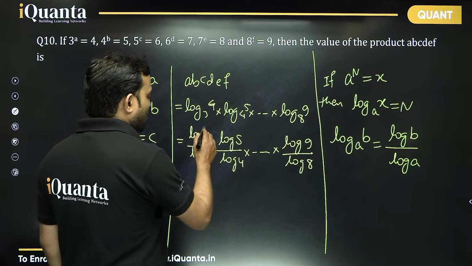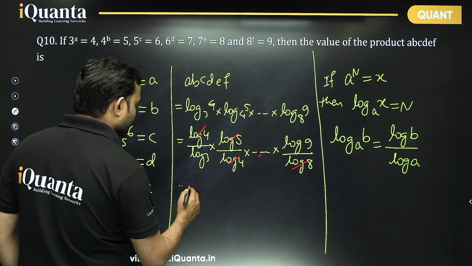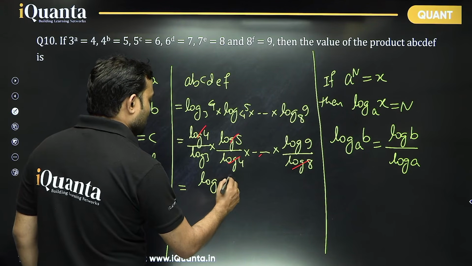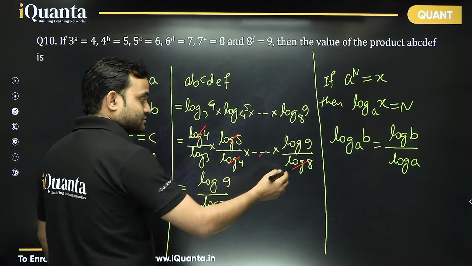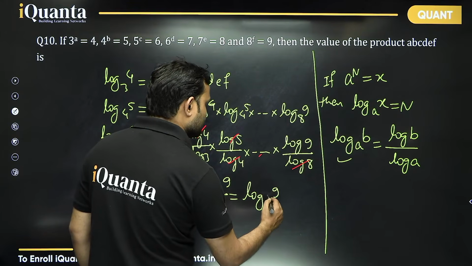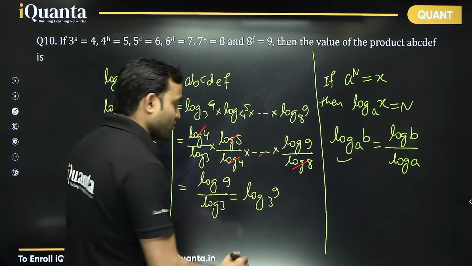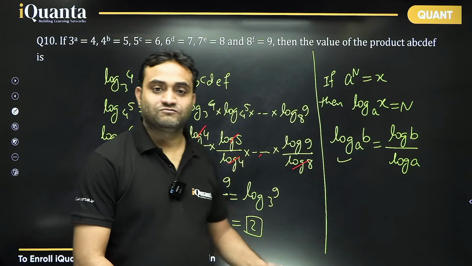So all of these terms will be cancelled out, and in the end we are left with log 9 divided by log 3, which can be written as log 9 to the base 3. 9 is nothing but 3 square. So this value will be equal to 2. And that is our answer.